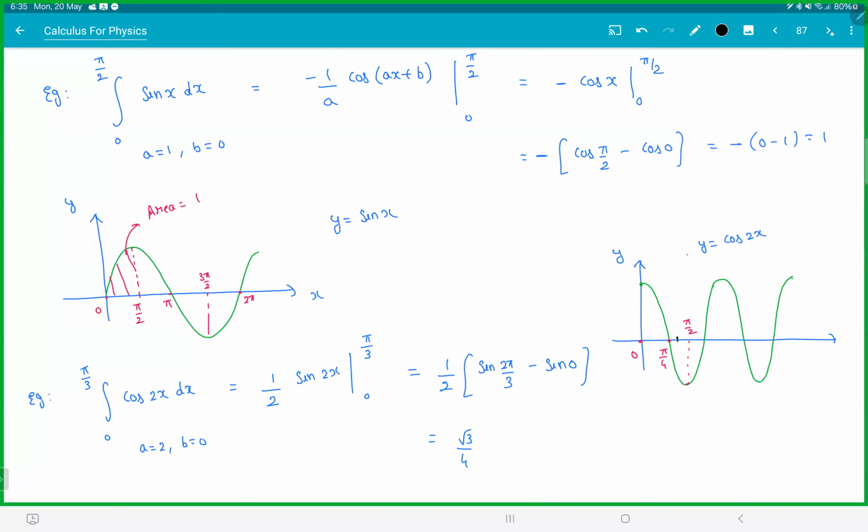So pi by 3 should be somewhere here. So this area and this area together. The total area is 3 pi by 4. And here we see something nice: the area under the x-axis is taken as negative. We will discuss this in detail later on. If there's an area under the axis, it is taken as negative area.